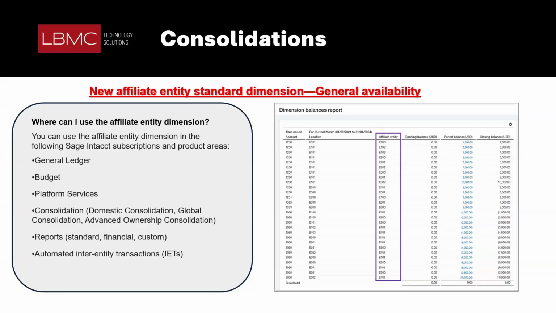It does this by leveraging the affiliate entity dimension so you can identify all of your due tos and due froms within your inter-entity transactions. So you can use that in areas such as your general ledger, your budget, your consolidations, and any reporting information that you may have when you're using consolidation for your entity transactions within Sage Intacct.